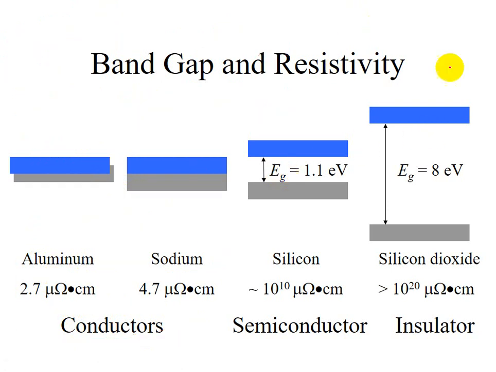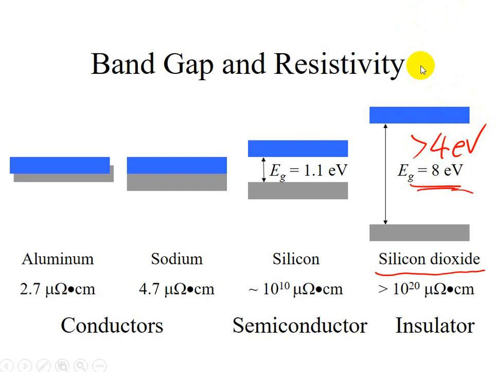On the other hand, let's look at silicon dioxide. Some materials have valence band and conducting band separated by a large energy gap. In general, if you have an energy gap greater than about 4 electron volts, it's quite a large energy gap.